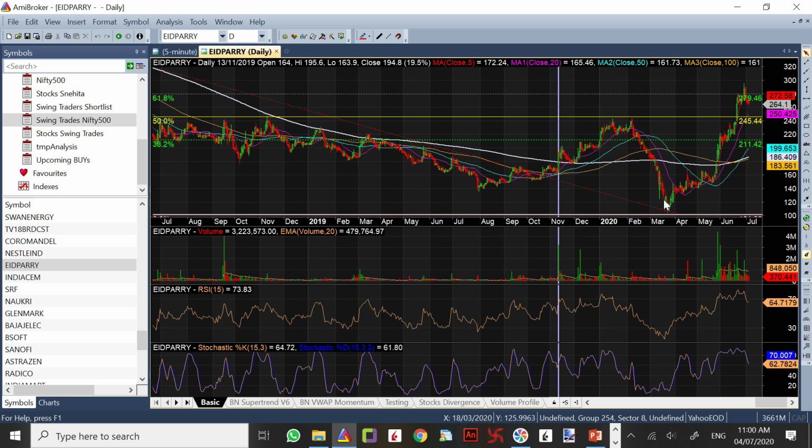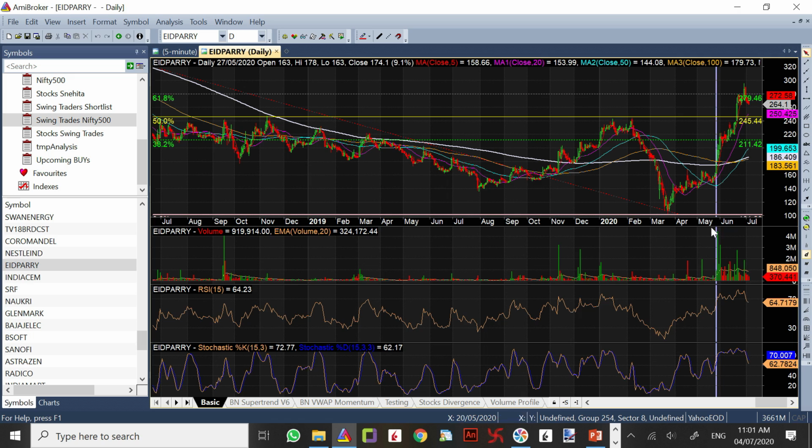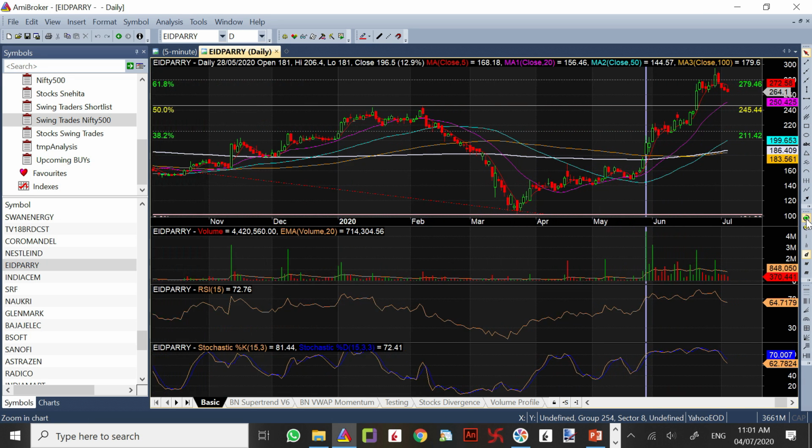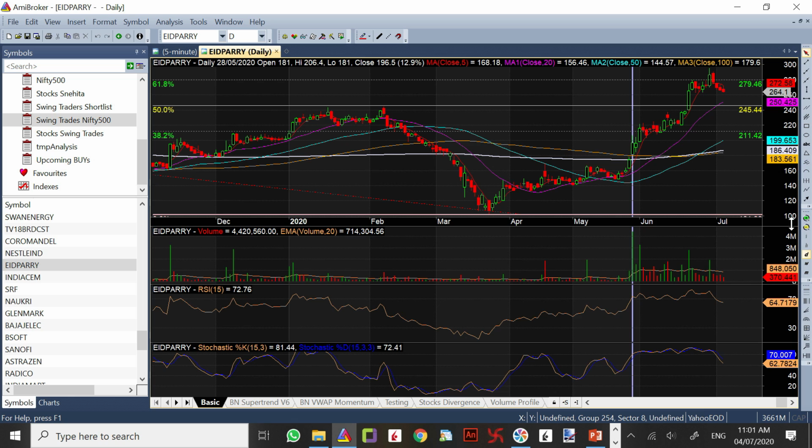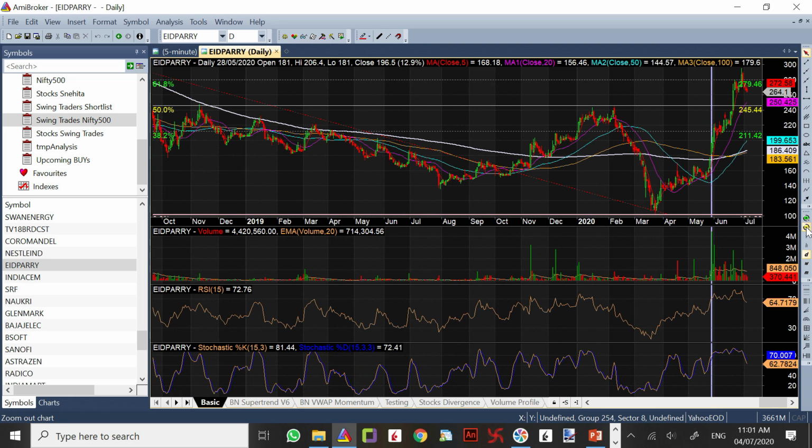Then when this cross down happened again recently, after that cross down, it has now broken up here on 28th May. This is a daily chart, by the way. So we know that historically it takes good support or resistance around the 200 DMA, right?